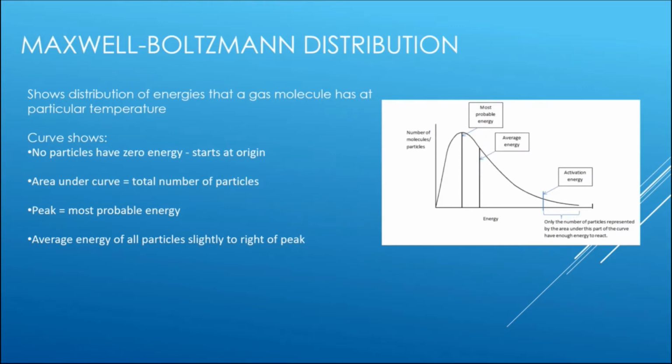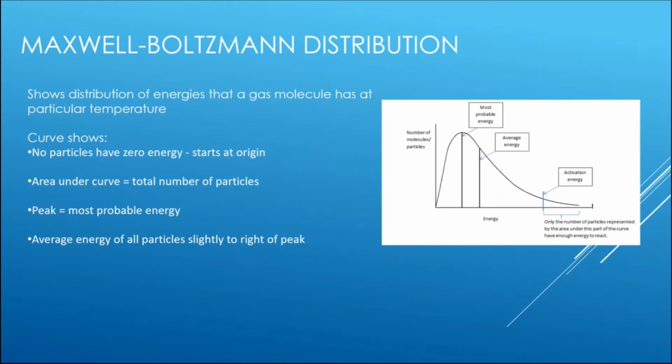It's not the same as the most probable energy, because this would be the case if the graph were symmetrical, but as you can see, the graph leans slightly towards the right. That's why the average energy is slightly to the right of the most probable energy.